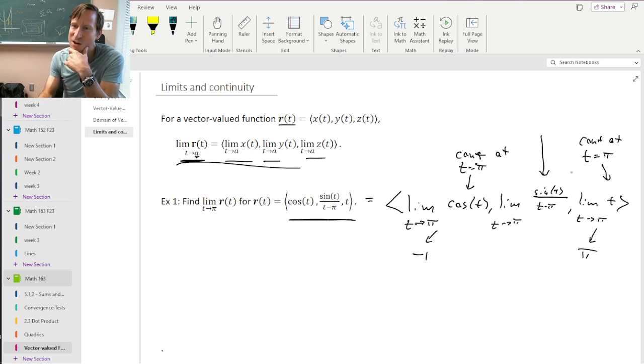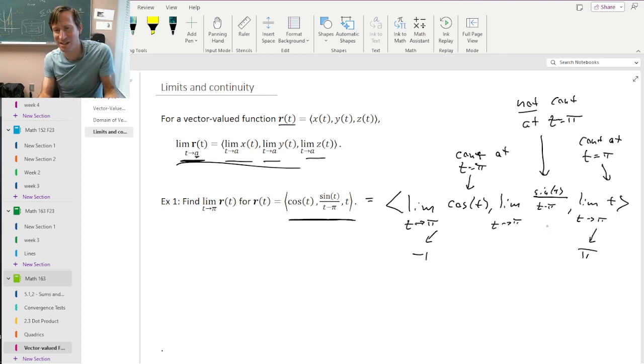Unfortunately, our y coordinate function is not continuous at t equals pi because it's not even defined there. If you plug in t equals pi, you get 0 over 0, and 0 over 0 doesn't give you any information about what this limit is.